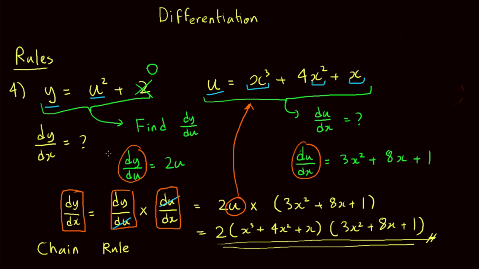So that's rule number 4. I believe there is one last rule we could mention before we proceed, and that is the inverse rule. I'm going to have to erase this real quick.